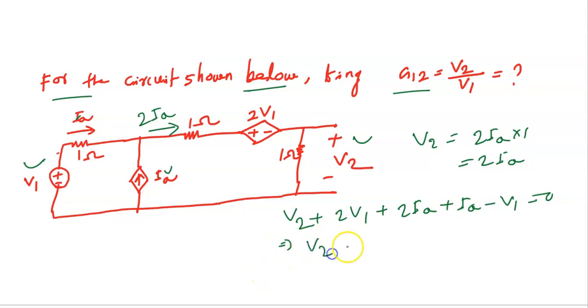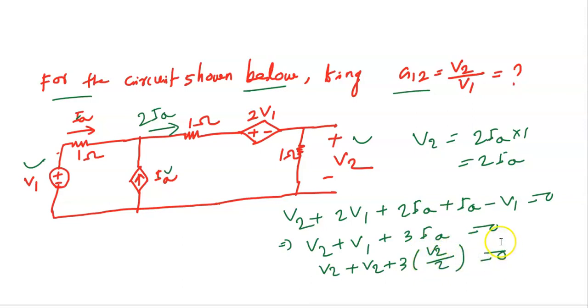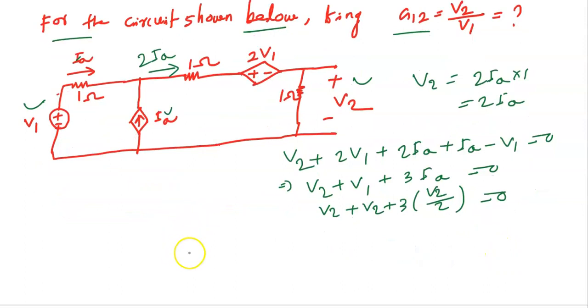which gives you V2 plus 2V1 minus V1, that is V1, and 3 IA equal to 0. So V2 plus V1 plus 3 IA, and IA is V2 upon 2, equal to 0. This is your V1, yes.